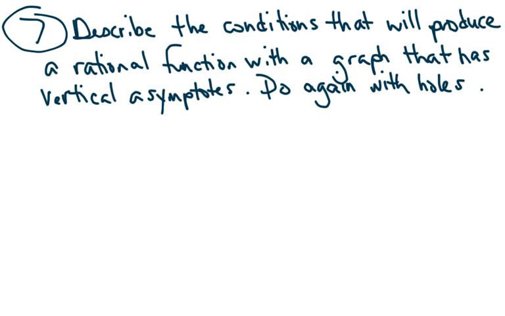In problem 7, we want to describe the conditions that will produce a rational function with a graph that has vertical asymptotes.